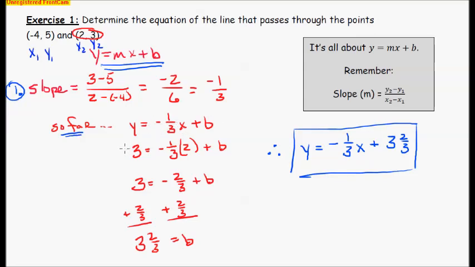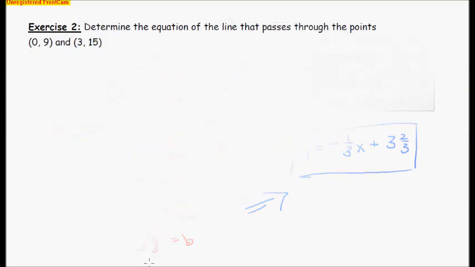Once I have that, then I can just pick one of these points, and that would be step 2 here. Pick one of those points, plug it in and solve for b. And then I'm good to go. I'm off into my equation here. Each one of these exercises is going to be that similar set of steps.